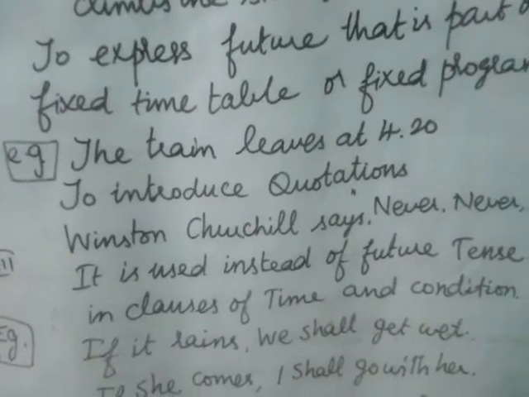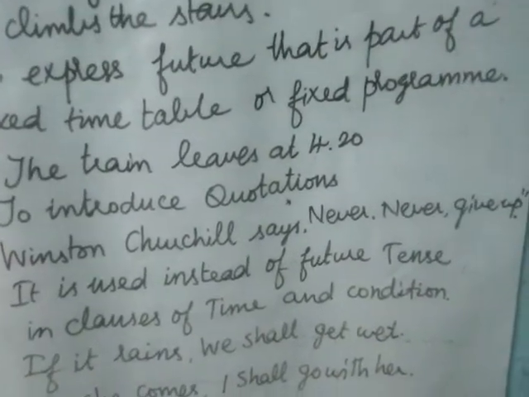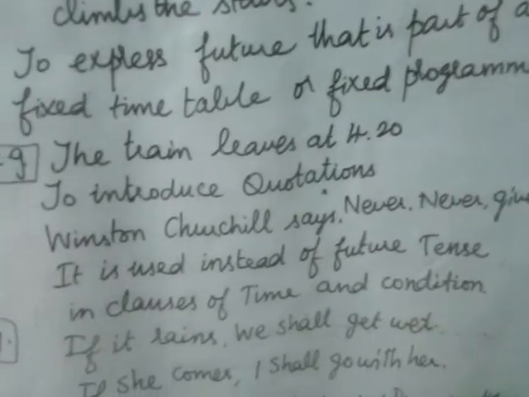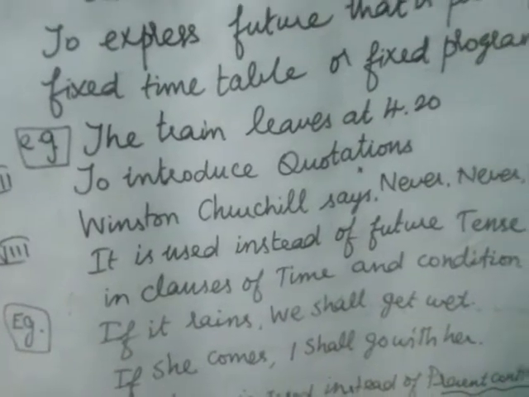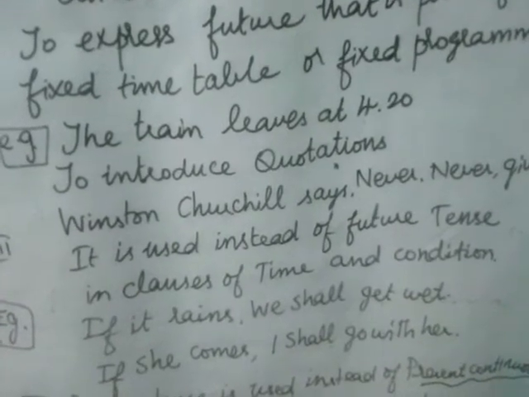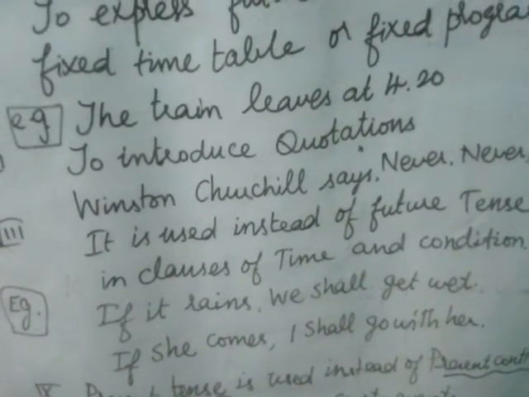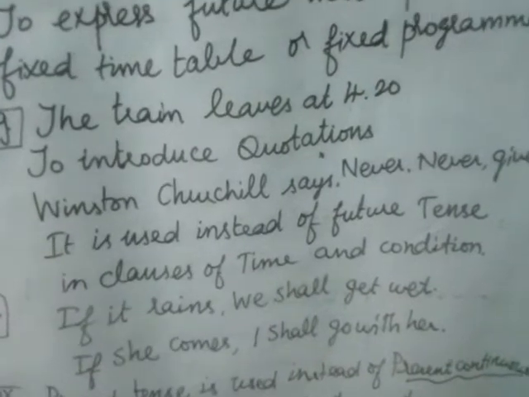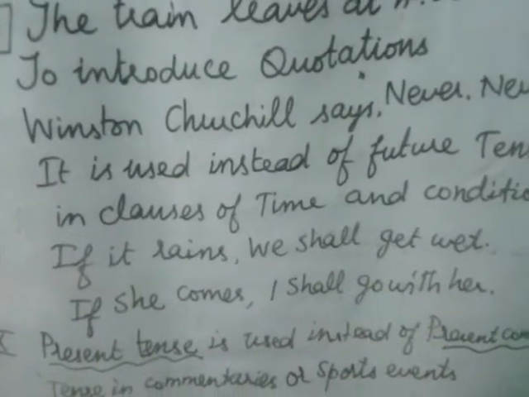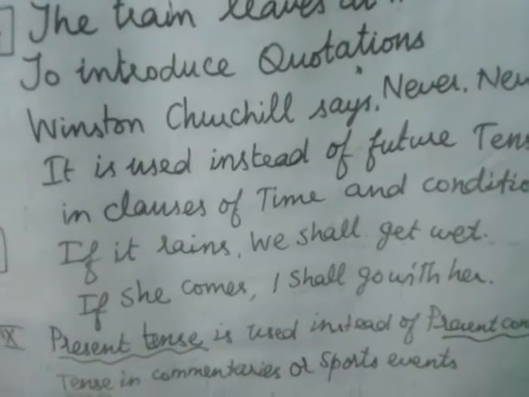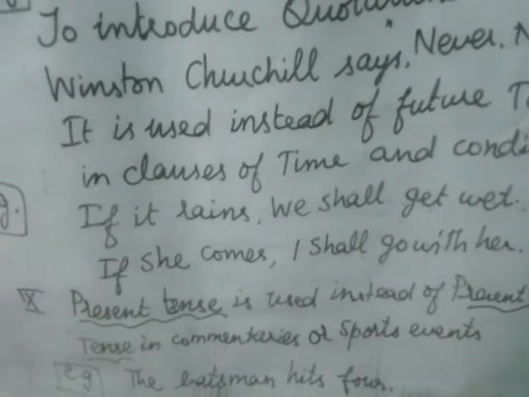Winston Churchill says, never, never give up. Eighth one, it is used instead of future tense in clauses of time and condition. Example, if it rains, we shall get wet. If she comes, I shall go with her.